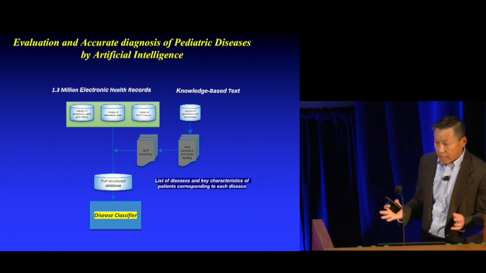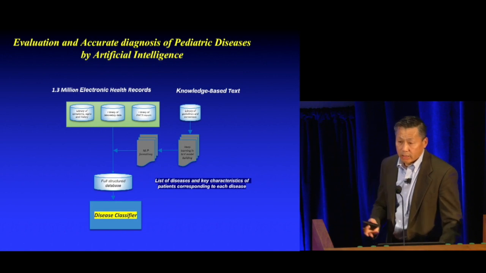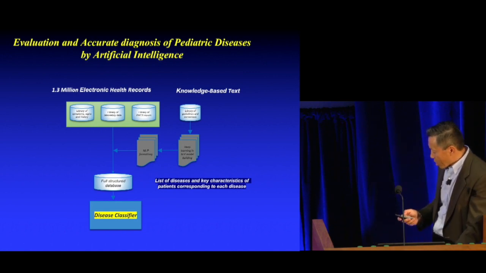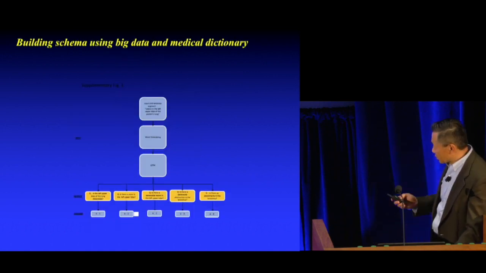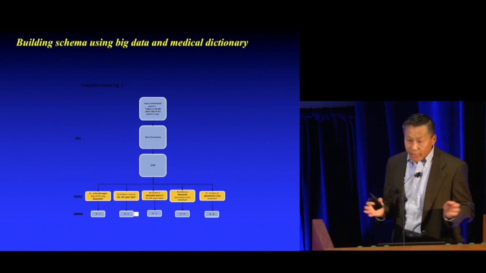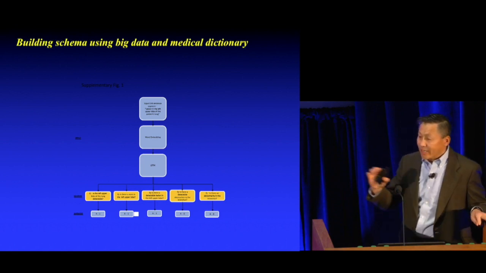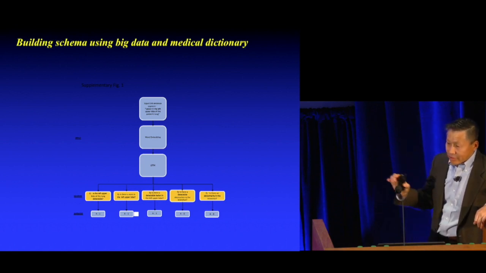So this is a spectrum of disease in a comprehensive pediatric hospital. And these are some examples. You can think that Chinese is even worse than English because they write the medical records in a continuous sentence without stopping.